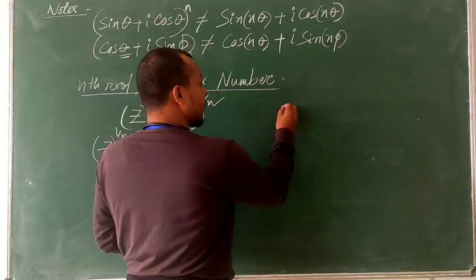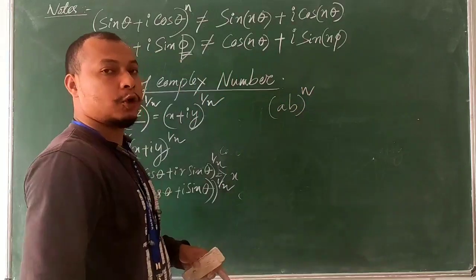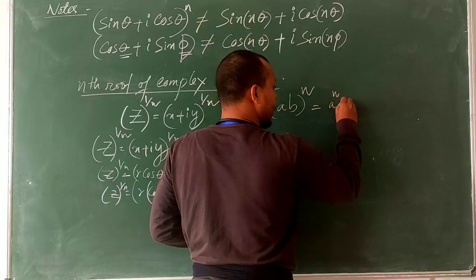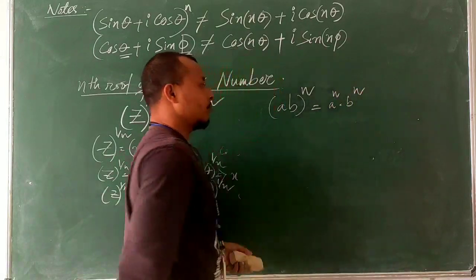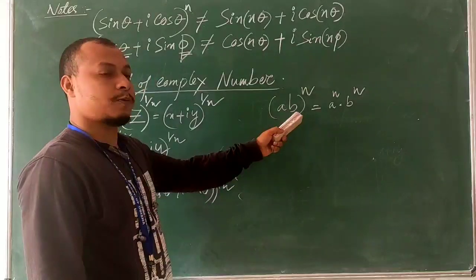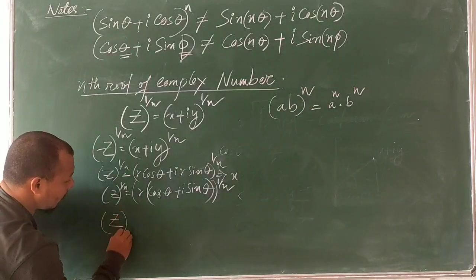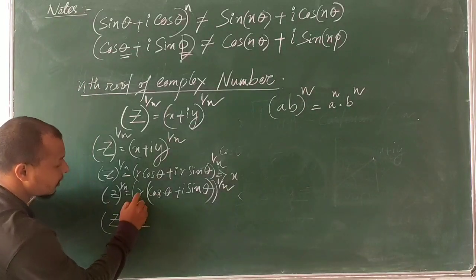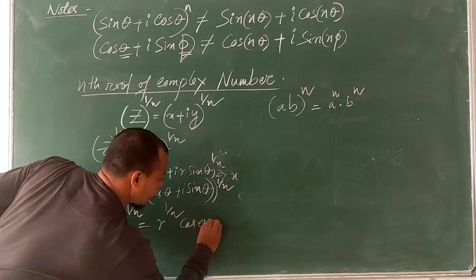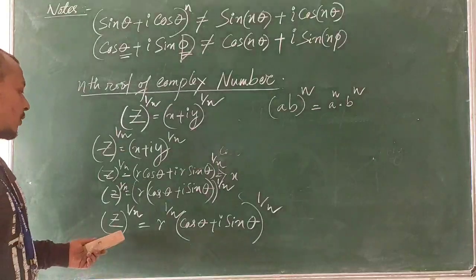We know that a into b to the power n is a to the power n into b to the power n, so we use this property here. So z to the power 1 by n is r to the power 1 by n into cos theta plus i sin theta to the power 1 by n.